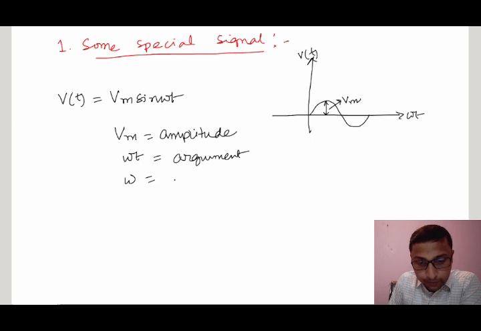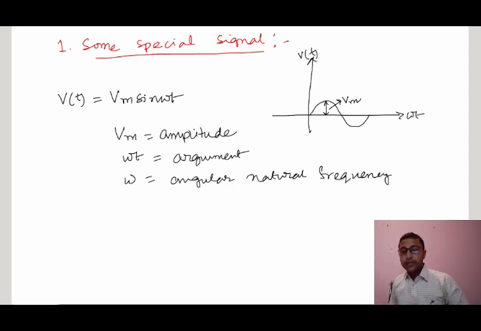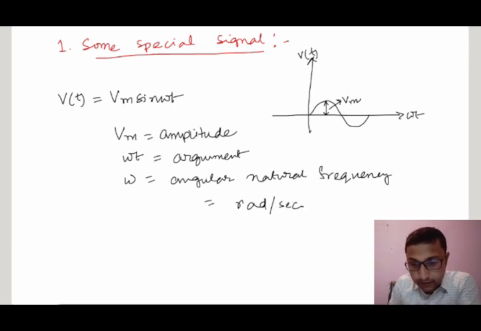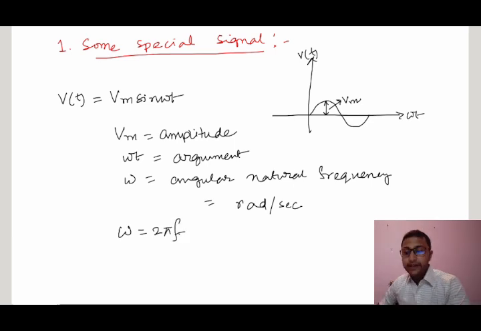and omega is the angular natural frequency. The unit of omega is radian per second. And what is the value of omega? Omega is equal to 2 pi f, where f is the supply frequency.